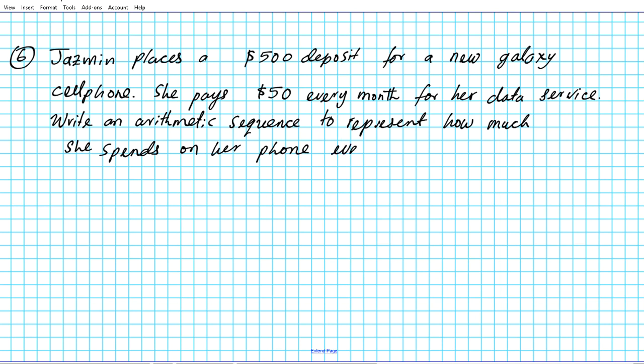So this is the first part: write down the sequence, and then write down a formula to calculate how much she spends.